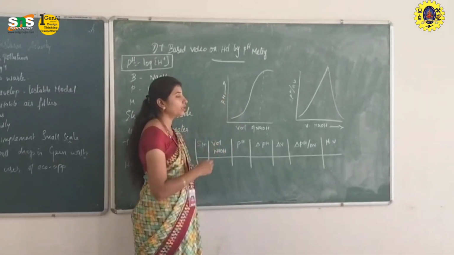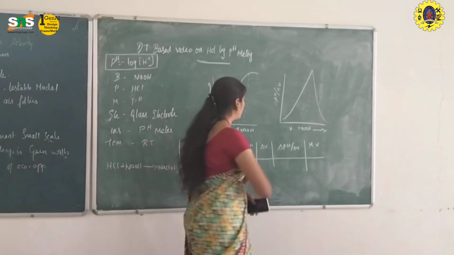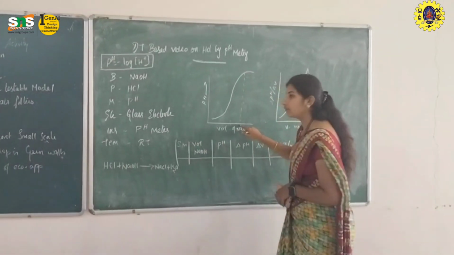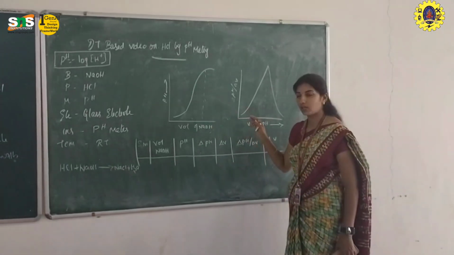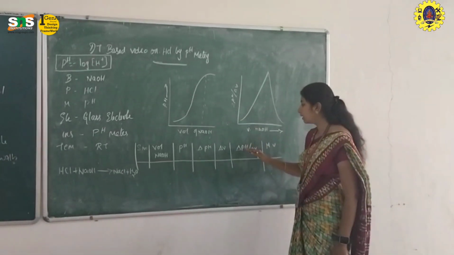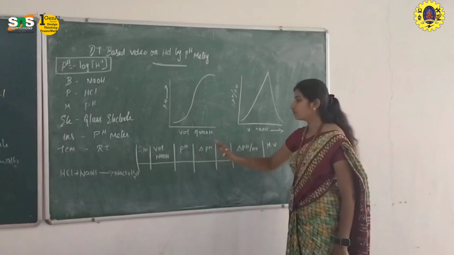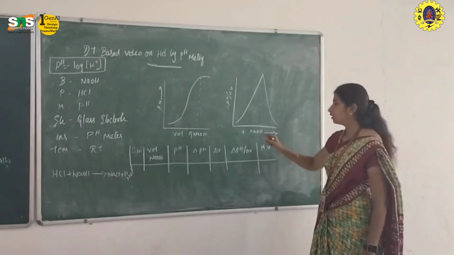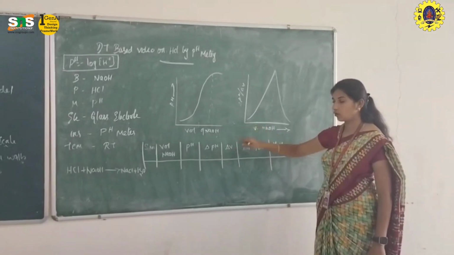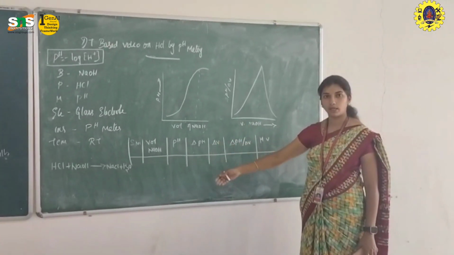At the midpoint we take the center value as the volume of sodium hydroxide. The second graph is del pH by del V against the volume of sodium hydroxide. The volume of sodium hydroxide goes from 0, 1 up to 20 ml of readings.